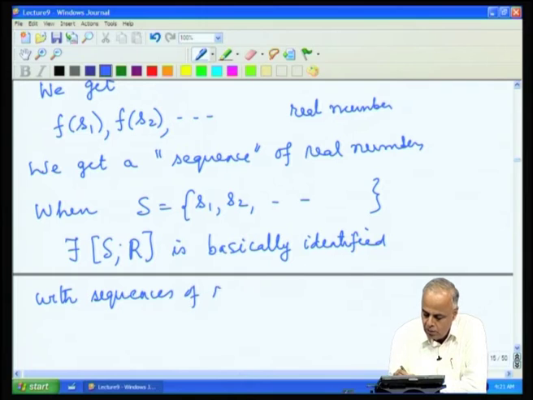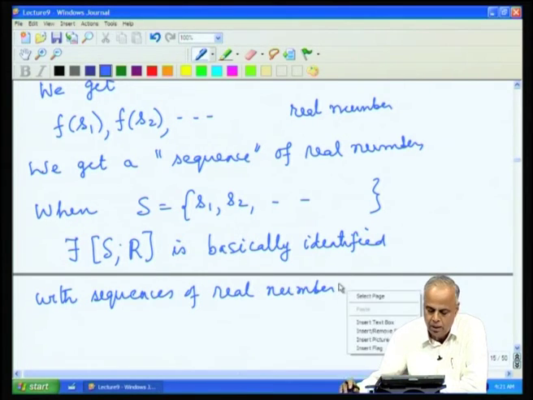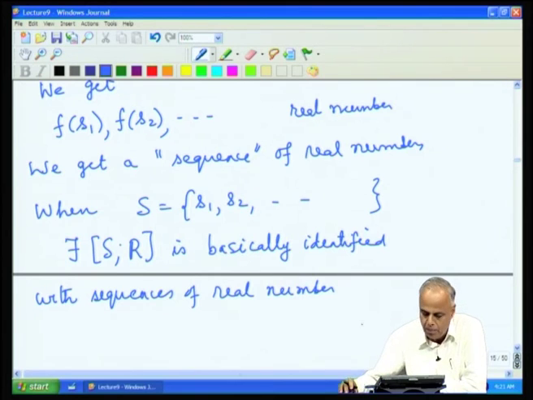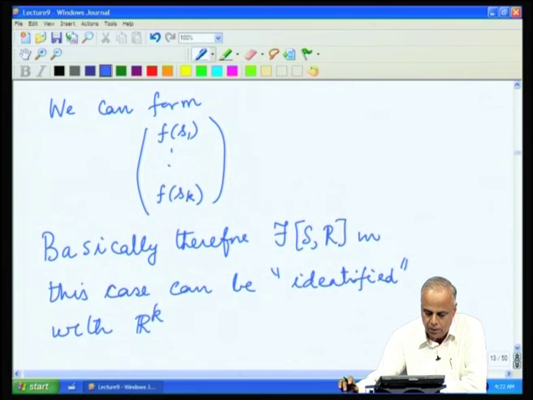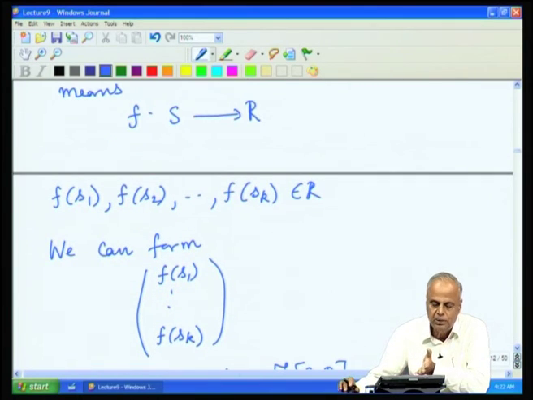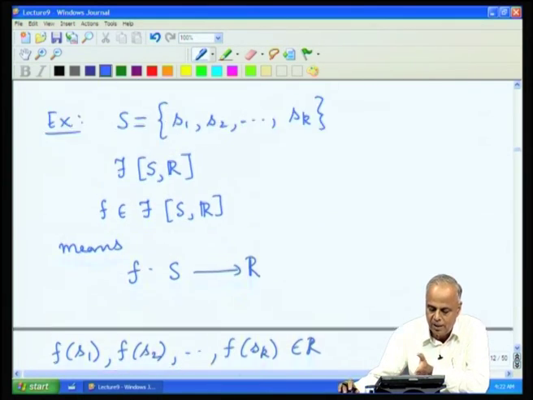Thus when we are talking about Rk, we are really talking about functions from a finite set S1, S2, Sk to real numbers.